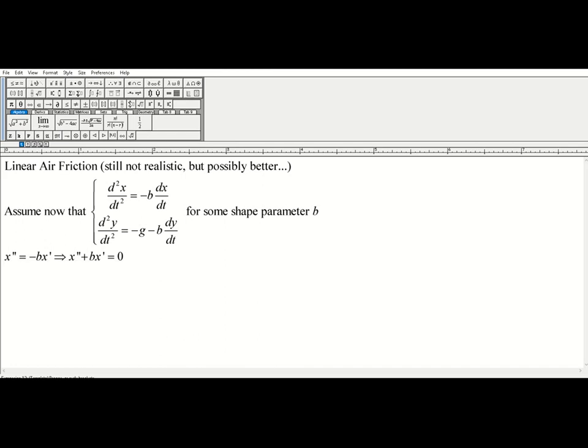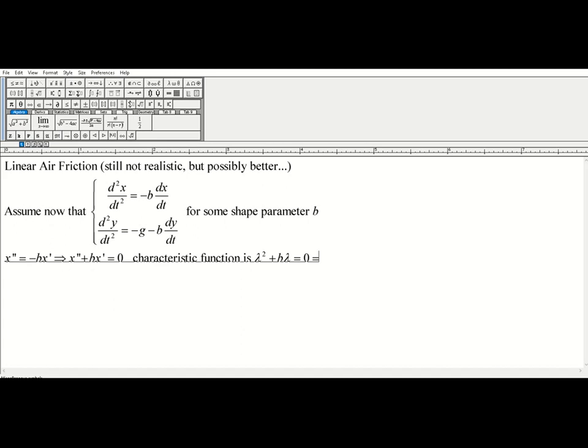So the characteristic equation, and those of you that have taken differential equations should identify that's going to be lambda squared plus b lambda equals 0. We could factor that, right?